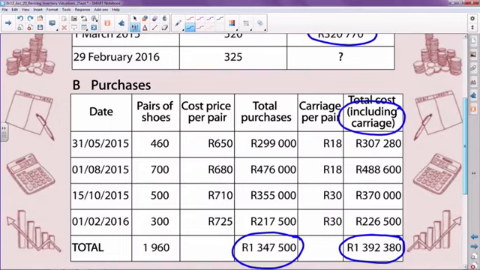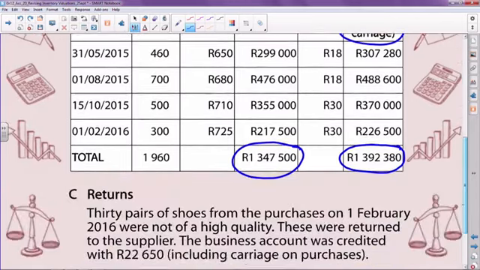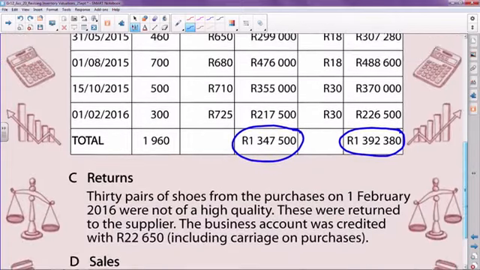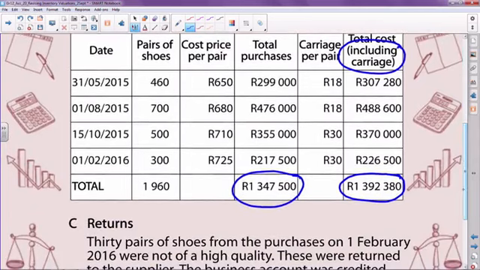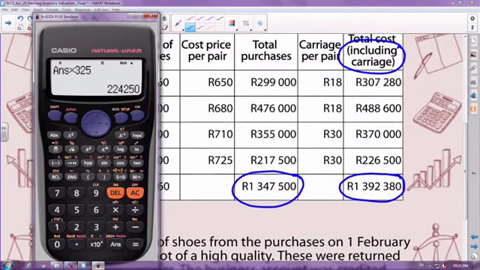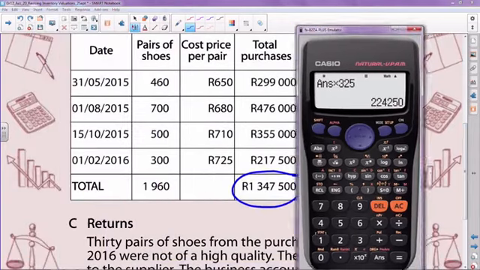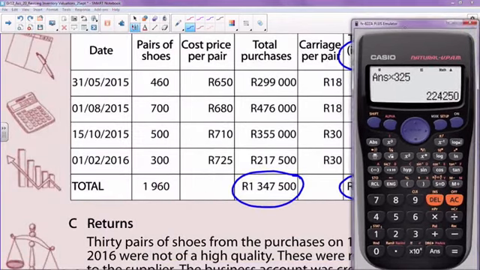So what we're going to do here is work it out. 460 pairs times 18 Rand per pair gave you a figure of 8280.